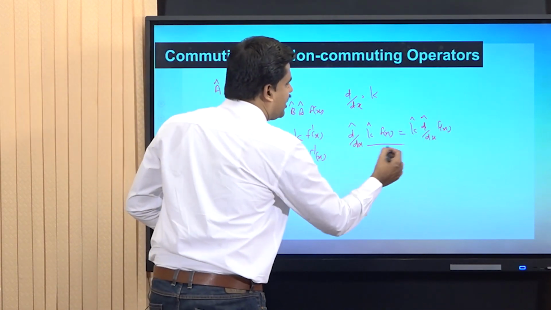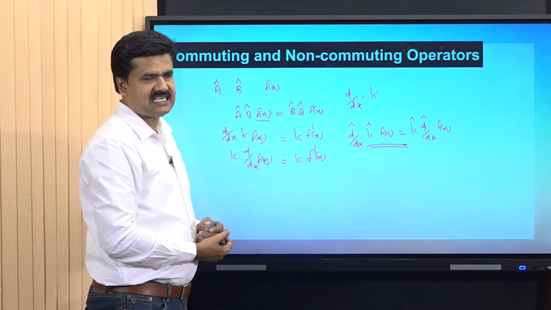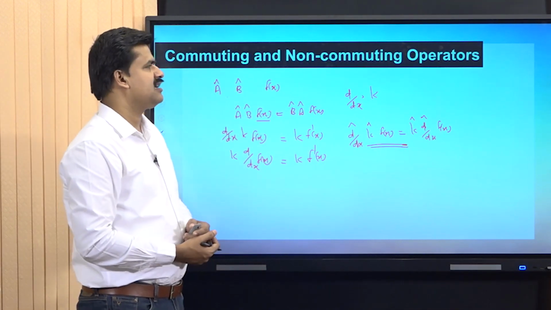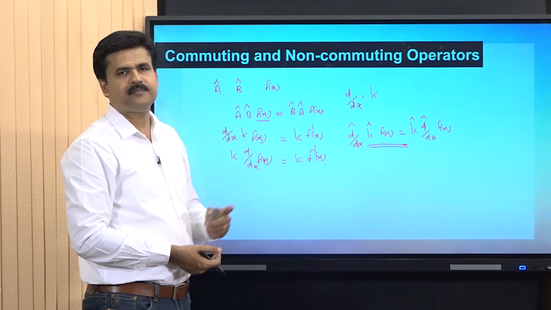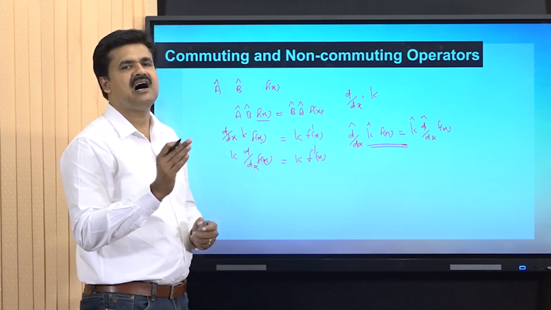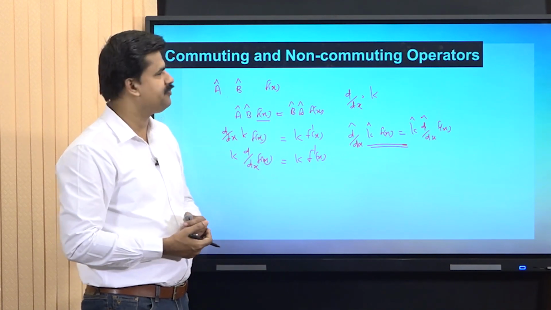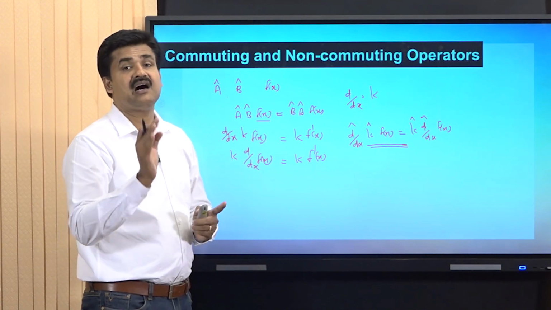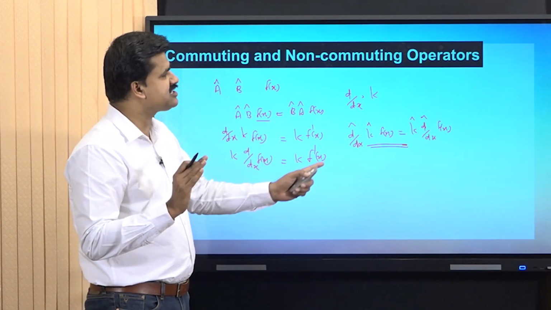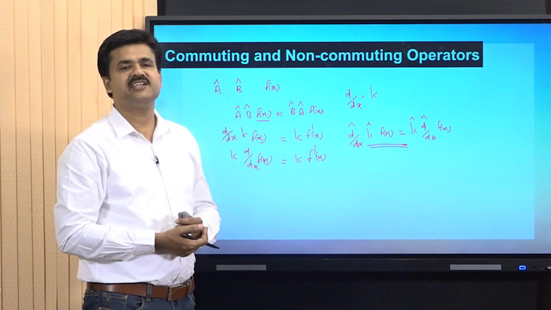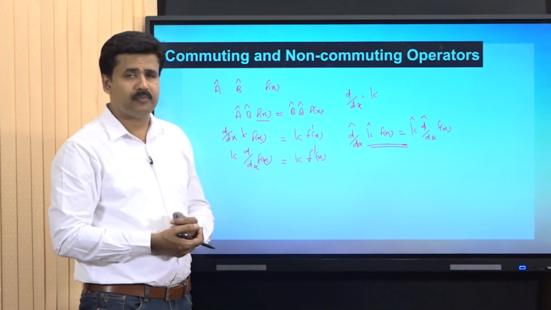This result is valid and we can say that the constant operator k hat and the differential operator are mutually commuting. If two operators do not satisfy this result, they are said to be non-commuting operators.